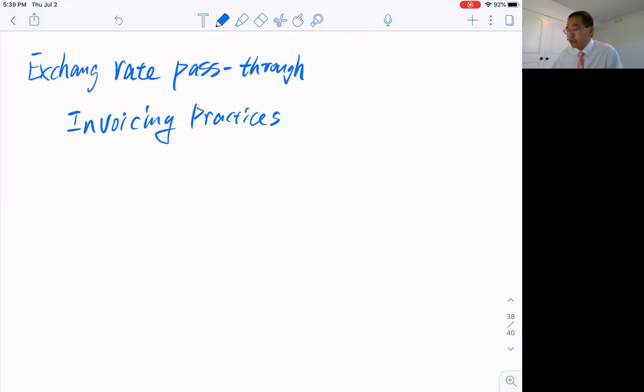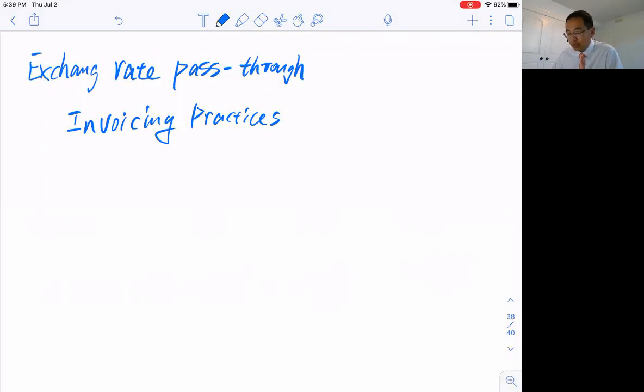So if a foreign producer has invoicing practices measured in the dollar, then the dollar depreciation does not affect them nearly as much. Kind of like the first example we did with Tesla, having some foreign source of cost.